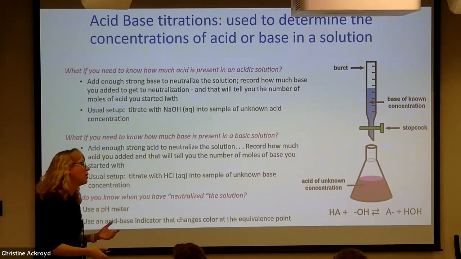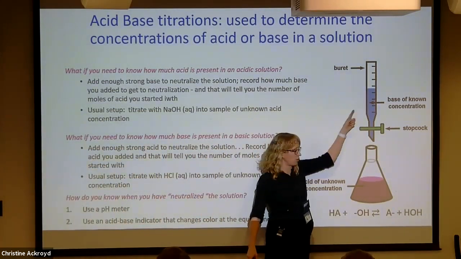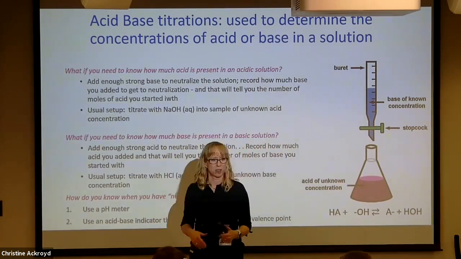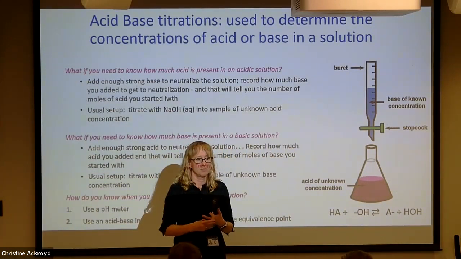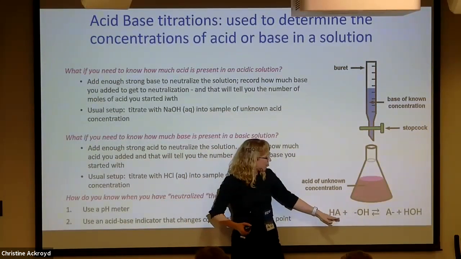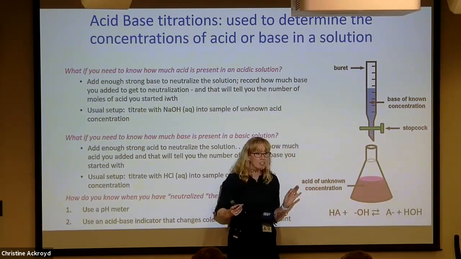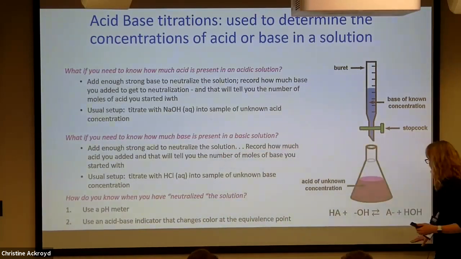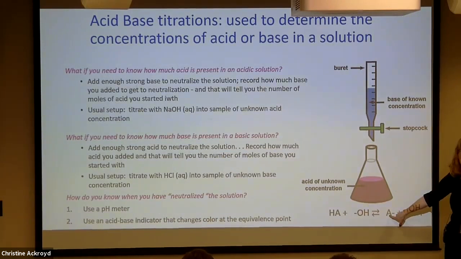Okay, the goal is to only add enough of the stuff in your titrant to react with what you have in your sample. How do you know when you've reached the end? If I've added just enough hydroxide, not any extra, and I've used up all of my starting material, I've taken all of my starting material and converted it to the conjugate base, right?